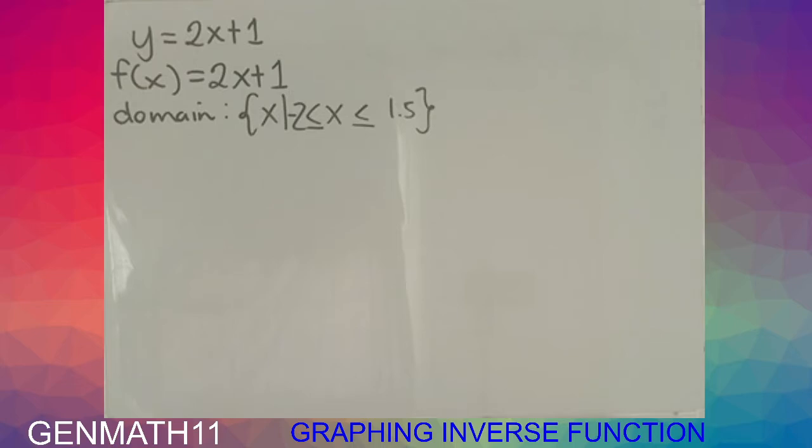Para mas maipakita natin kung ano yung mga values ng x na maaari dito sa ating function na under ng restricted domain. Ipapakita ko rin yung table of values ng ating function, y equals 2x plus 1, para mas makita nyo mabuti.